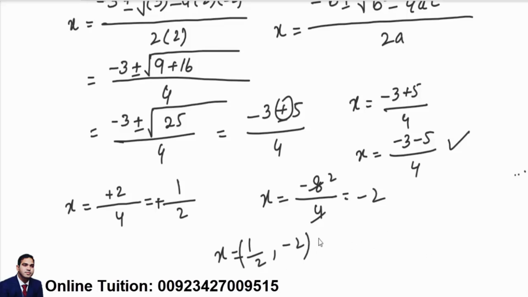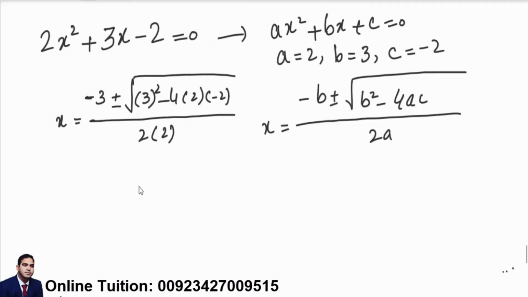So let's see which value will work. Put the values in the equation. So the equation is 2 into negative 2 square plus 3 into negative 2, negative 2 is equal to 0.